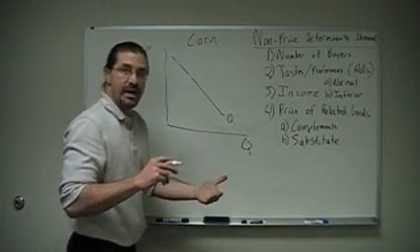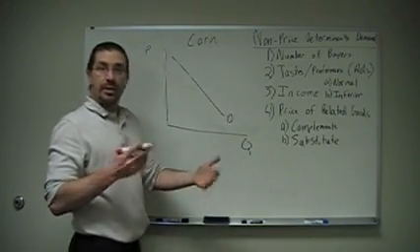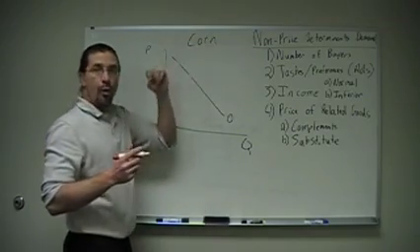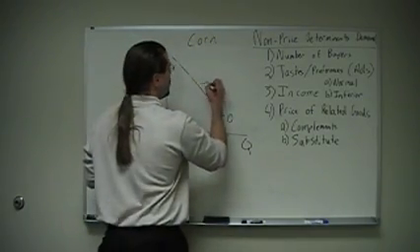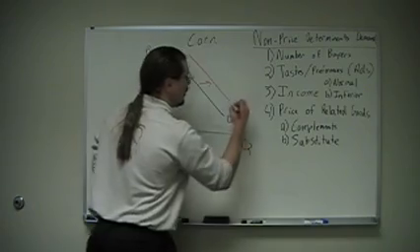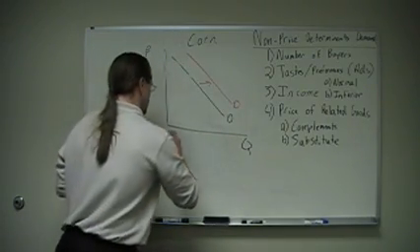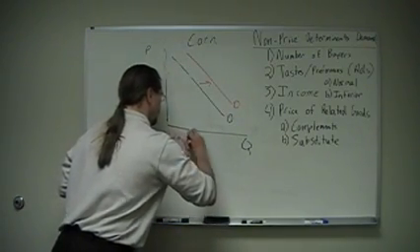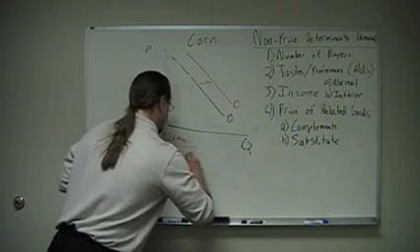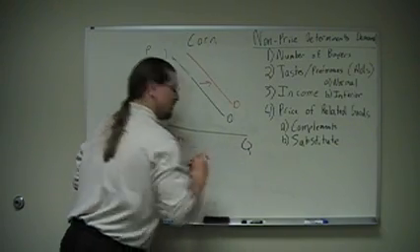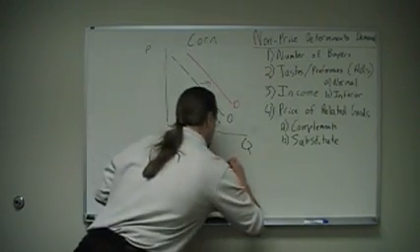Income. When you start making more money, generally speaking, you demand goods more. Corn is what we call a normal good. When your income rises, in a normal good, your demand for that particular good goes up.